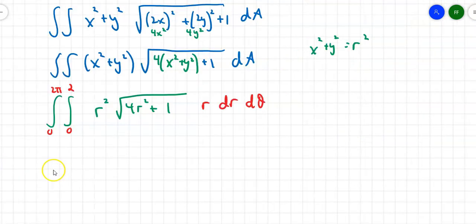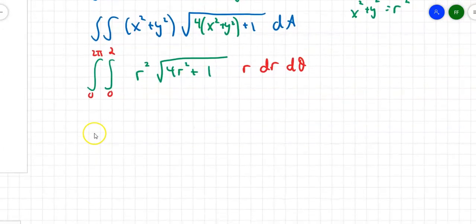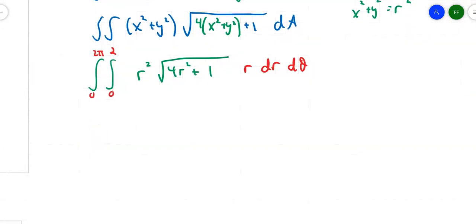In this case, the setup is not bad. It's the integration that becomes the issue. Because if you look at this inside piece over here, remember you integrate r dr d theta. So this r over here gets multiplied by that r squared over there.